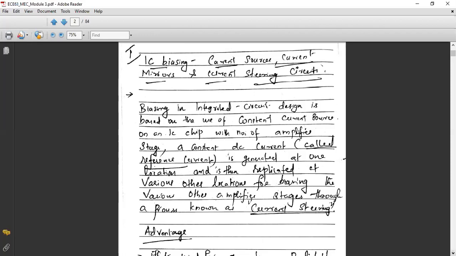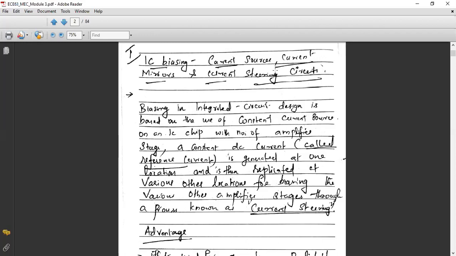You will have some source which produces a definite amount of current, but actually you need some other value of current for biasing an IC. For example, if an IC needs 5 ampere, but you have a 10 ampere current source, you have to produce 5 ampere current from the 10 ampere current source. That is the speciality of a current source. By using some circuitry, you produce an output current from the reference source. That is the concept behind the current source.